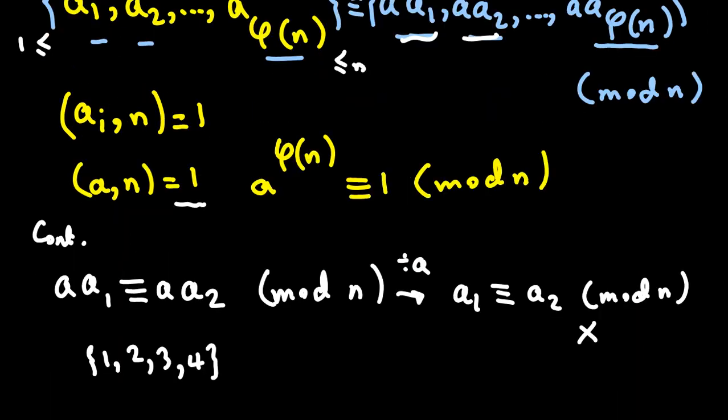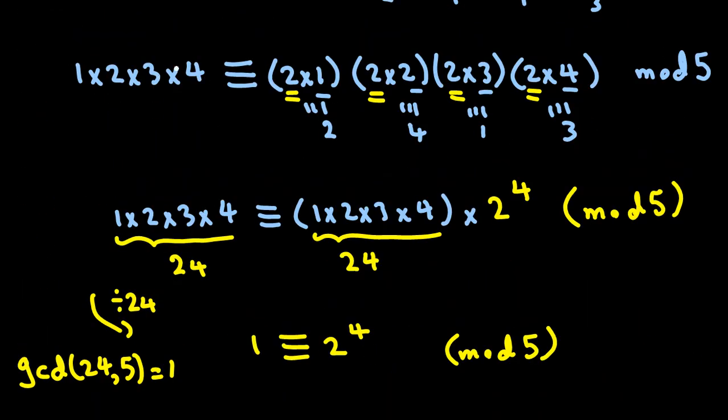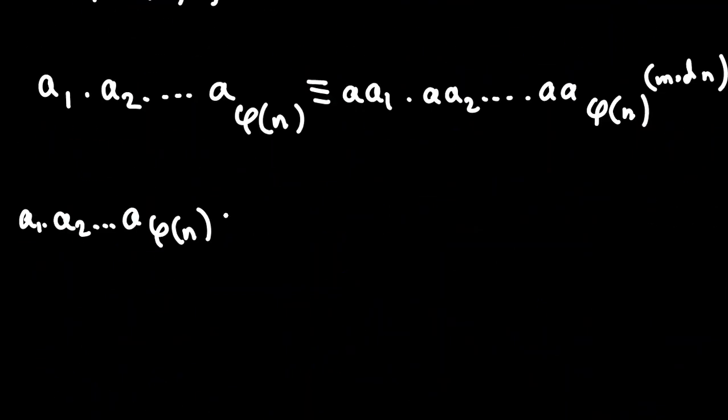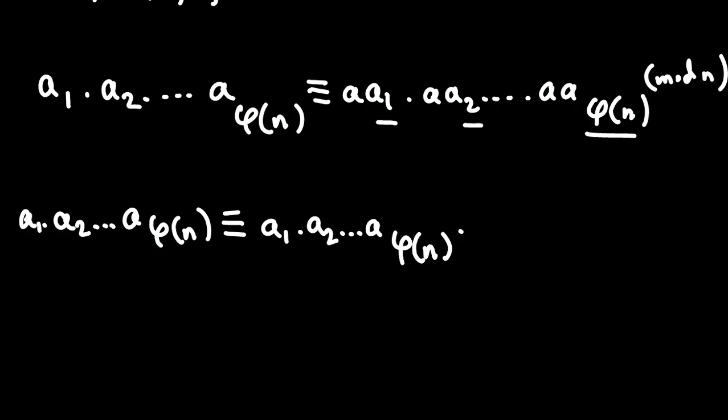For 5 we said what? Look, exactly like here. 1, 2, 3, 4 is 2, 1. It is aa1, aa2, aa3, aa phi n. And then we consider 1, 2, 3, 4 and 1, 2, 3, 4 times 2 to the 4. We want to do exactly the same thing. So it is congruent to a1, a2 to a phi n times how many a do we have.